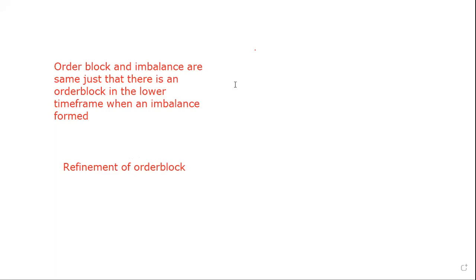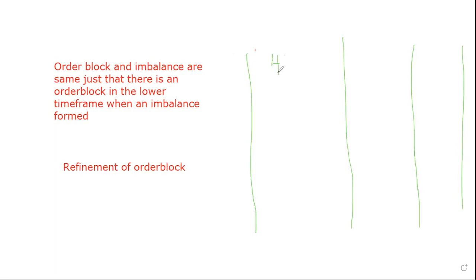What am I saying? If this is the 4-hour time frame, if we have the 4-hour time frame here, we have the 30 minutes time frame here, and we have the 5 minutes time frame here.